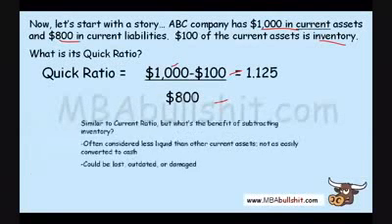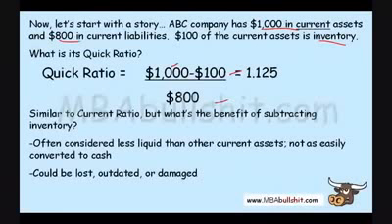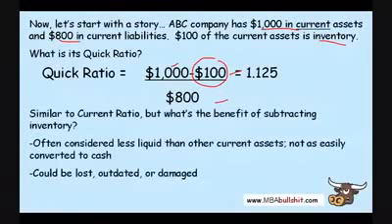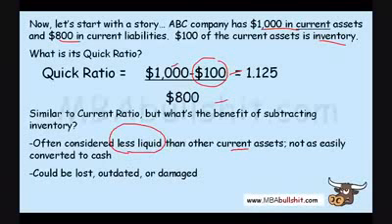Now, as you can see here, it is similar to the current ratio, but what's the benefit of subtracting inventory? Why are we subtracting this inventory? Well, inventory is considered less liquid, meaning not as easily convertible to cash. Inventory is considered less liquid than other current assets. Why? Because it could be lost.